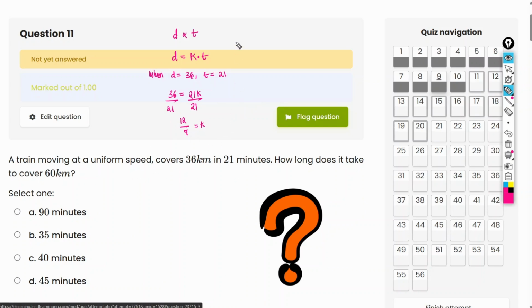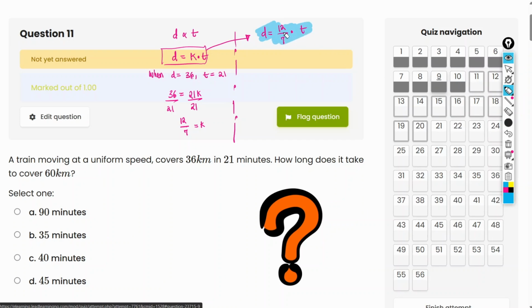So now the standard relationship is D is equal to 12 over 7 times time. Very important, I always take my time to shade it on.